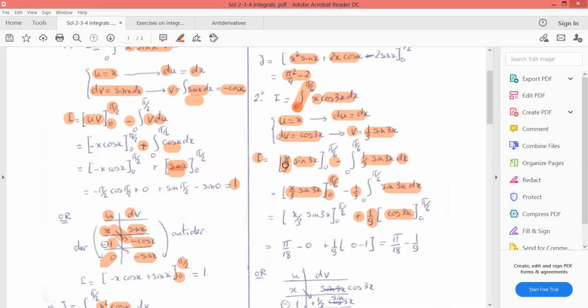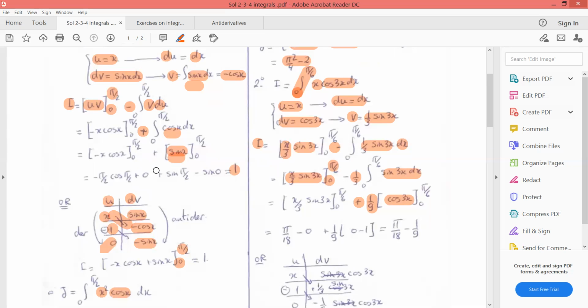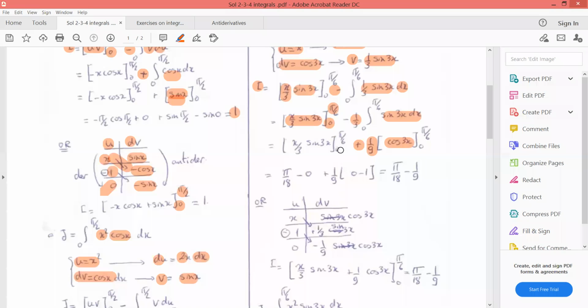Then I equals uv minus v du. 1 over 3 is a constant. To complete the work, we calculate the integral of sine 3x, which is minus 1 over 3 cosine 3x, times minus 1 over 3 becomes 1 over 9. Then for each one, we do f of b minus f of a.